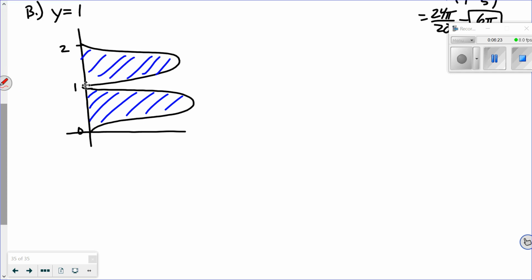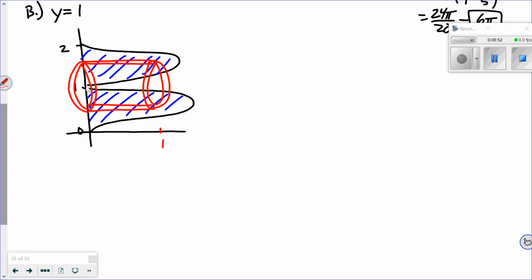And then if I were to do my cylindrical shell within this shape, going to 1 here, all right, there's my cylinder, correct?